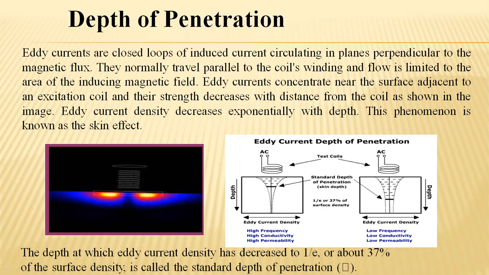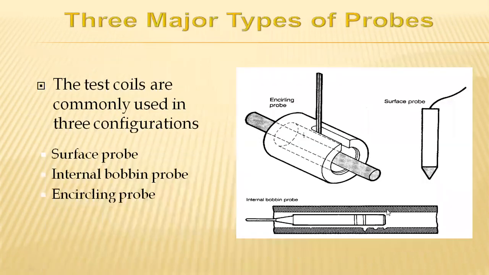The divergence can also take place from a maximum down to 37% of surface density. So overall, this is the surface density, and only up to 37% of its density can be examined. That is the point about the depth of penetration.